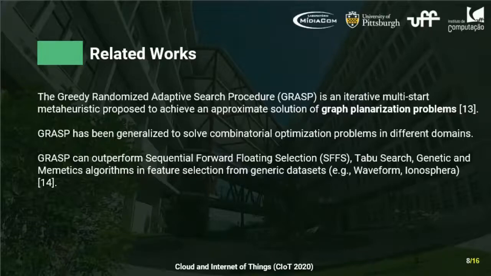There are also some works that show that GRASP outperforms traditional algorithms such as sequential forward floating selection, SFFS, tabu search, genetic algorithms and memetic algorithms, and it was also already used to perform feature selection on genetic databases such as waveforms and ionosphere.